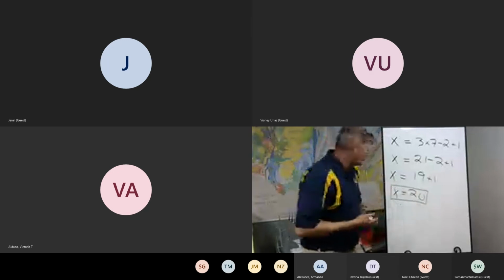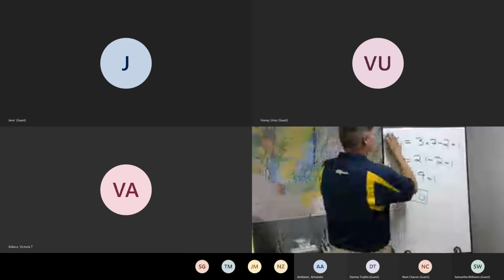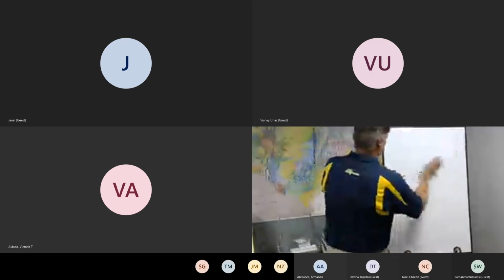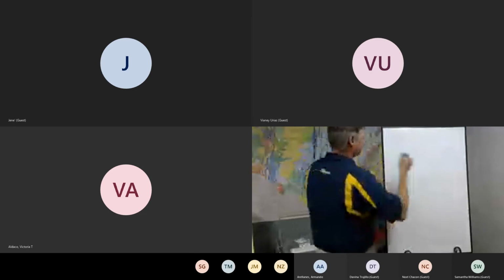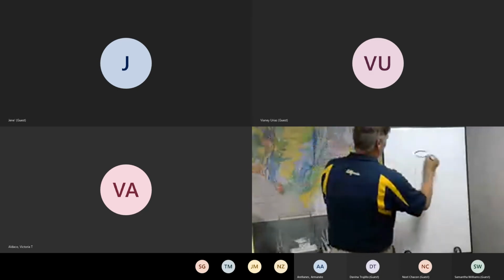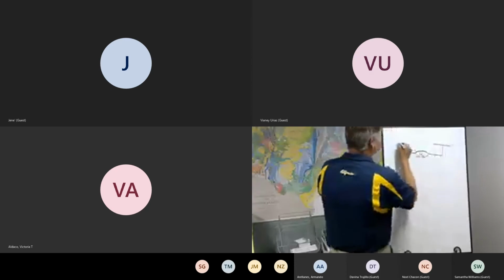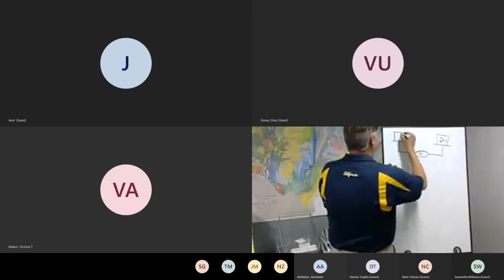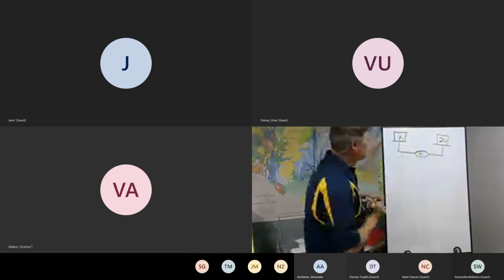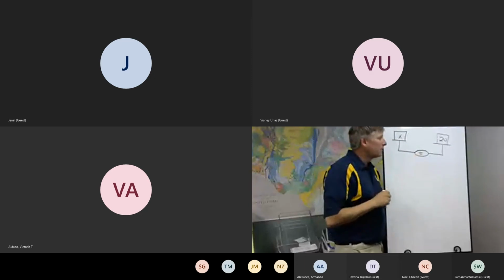Now, what does this mean? Well, let's go back to our scale. Now, this equal sign says this scale is balanced.